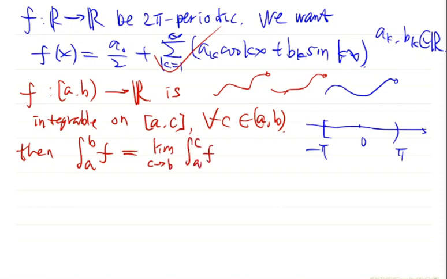Okay, and if the limit exists, we say that f is integrable over (a, b), and if the integral of the absolute value of f makes sense, that is, converges, we say f is absolutely integrable.